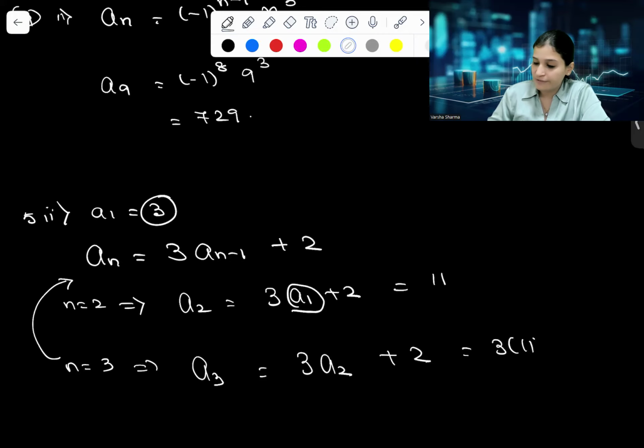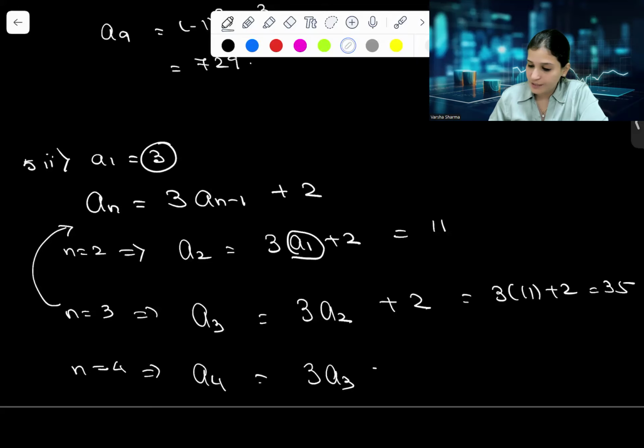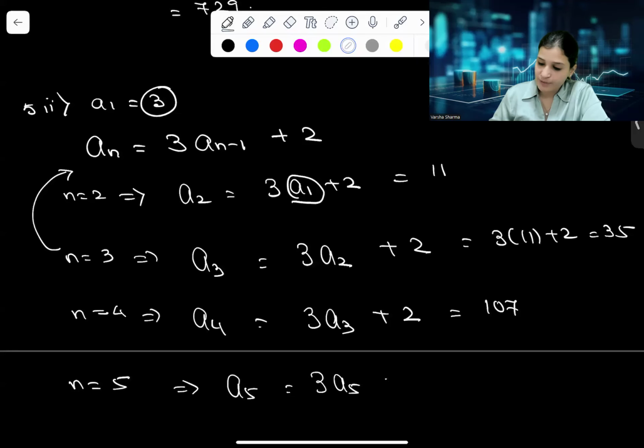So thrice of 11 plus 2, answer is 35. n equal to 4: a4 is thrice a(4 minus 1), a3, plus 2. So 35 into 3, 105 plus 2, 107. And n equal to 5: a5 is 3 times a4 plus 2. The answer would be 321 plus 2, 323.